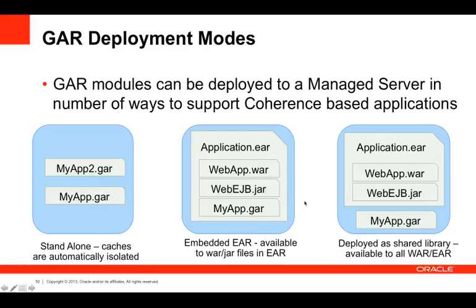For the client applications, if you're using an EAR file, then in that case, you can embed the same GAR file that you deploy to the data tier in your EAR file. If you have multiple modules, multiple WAR files, or EJB jars, then you can have a single GAR file that can be shared among all these sub-deployment units.